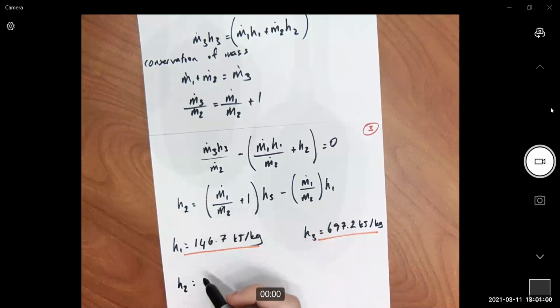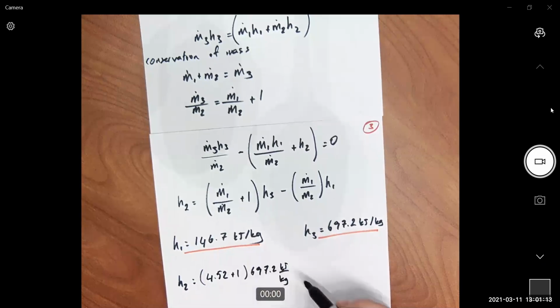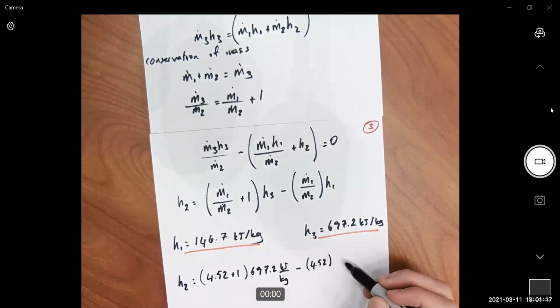H2 will be M1 over M2, which is 4.52 plus 1, times H3, which is 697.2 kilojoules per kilogram, minus 4.52 times 146.7 kilojoules per kilogram.